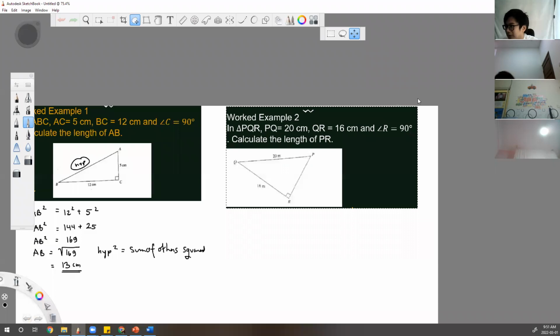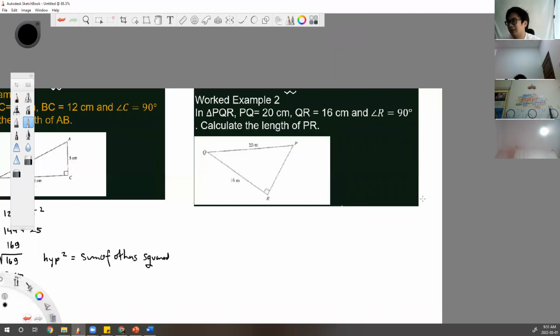Work example 2. In triangle PQR, PQ is 20. It's given. QR is 16. Calculate the length of PR. We know that the hypotenuse is already given, 20. Before you write down all the workings, the PQ is the hypotenuse, right?